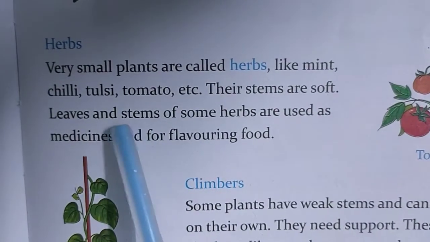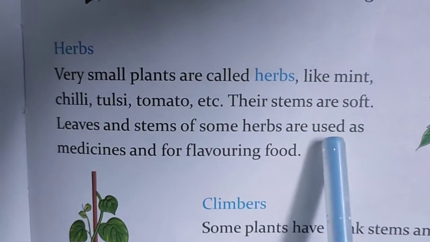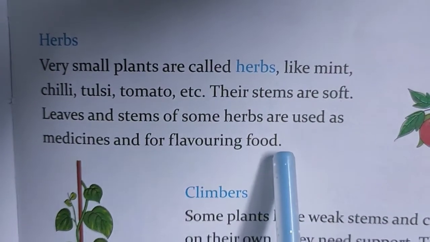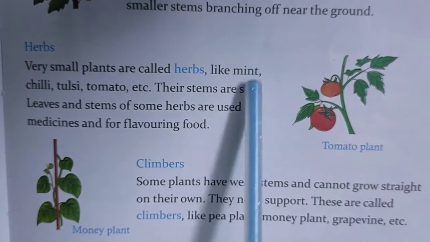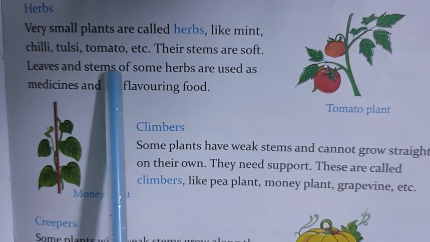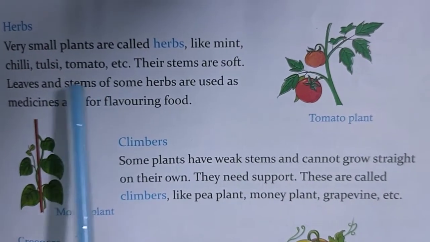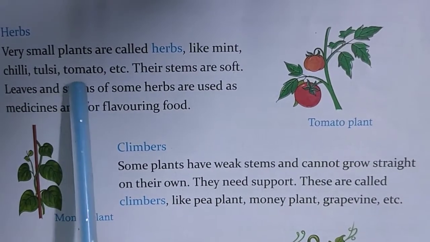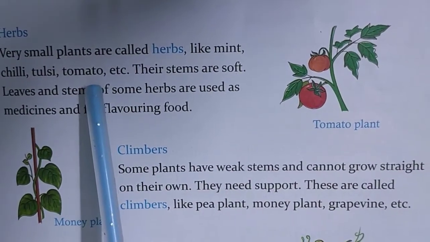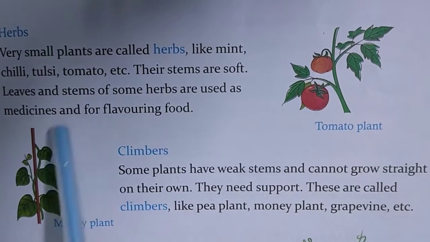Leaves and stems of some herbs are used as medicines and for flavoring food, like coriander, mint. You can eat mint, chili, tomato raw. Otherwise, you can use them in curry and other things also.